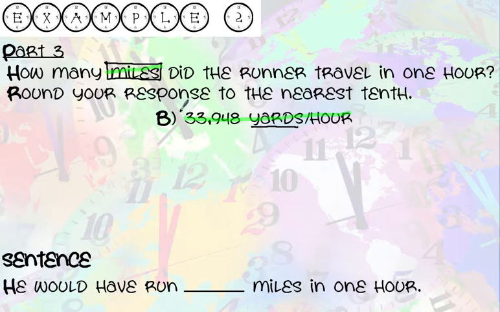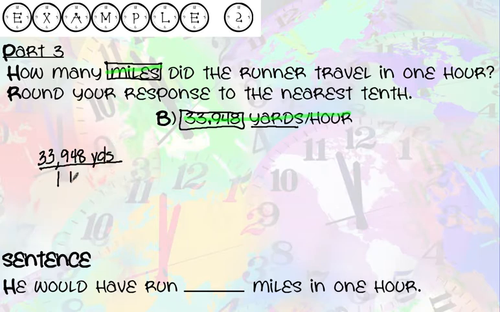So since I have my rate right here of 33,948 yards in 1 hour, I don't have to do anything to convert the time. I have to convert the number of yards. Well, the conversion here would be that for every 1 mile, you have 1,760 yards.